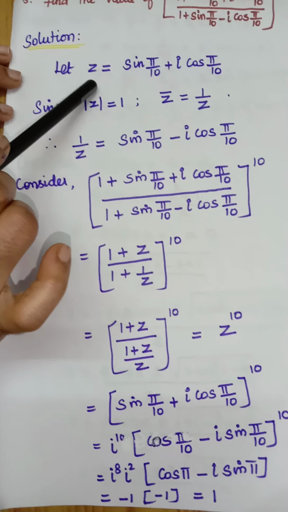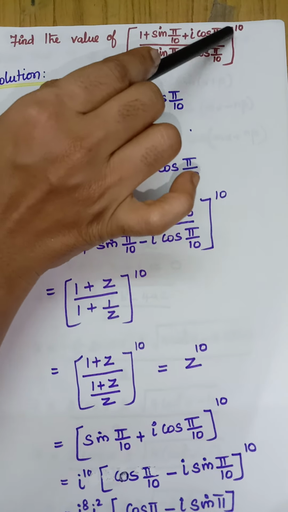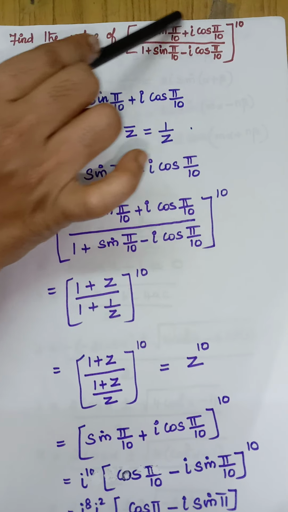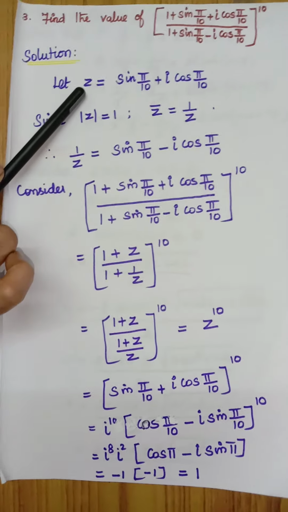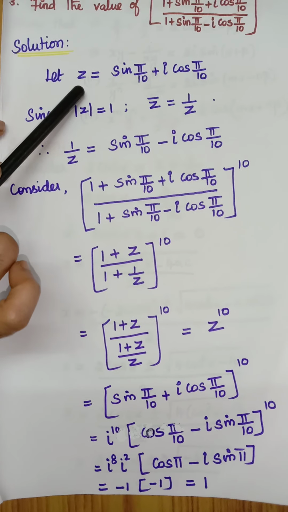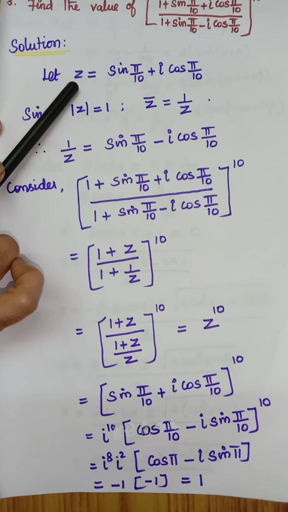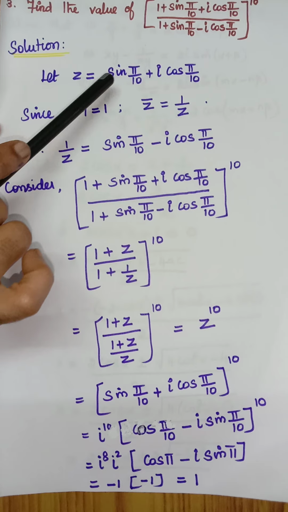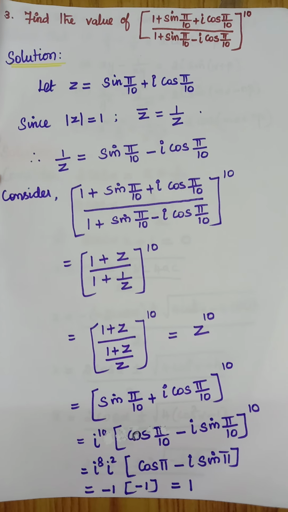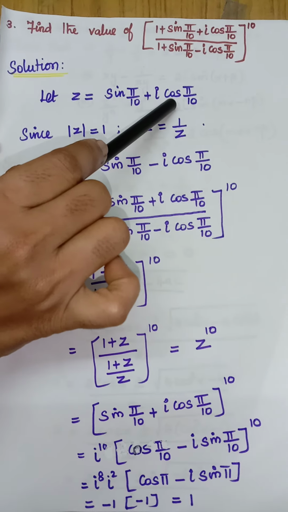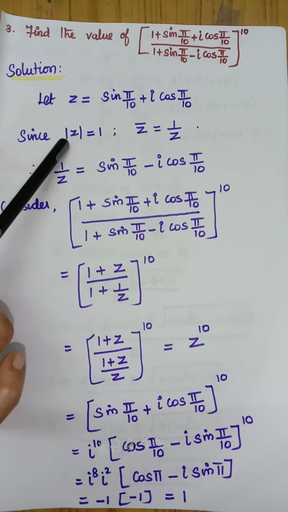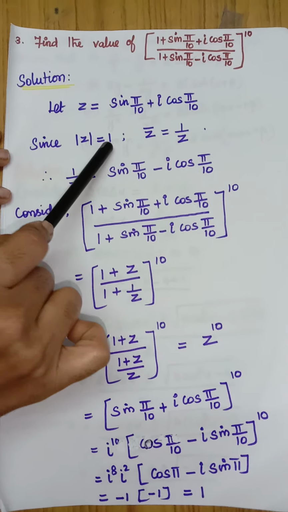First, this term sin pi by 10 plus i cos pi by 10, I am going to take as Z. See, what is the modulus of Z? Modulus of Z is the square root of real part squared plus imaginary part squared. So sin squared pi by 10 plus cos squared pi by 10 is equal to 1. So modulus of Z is equal to 1.